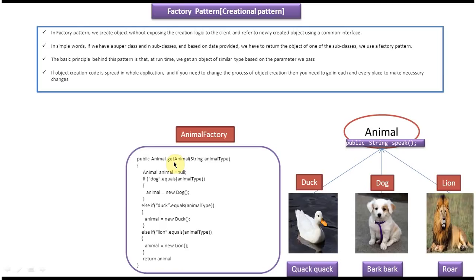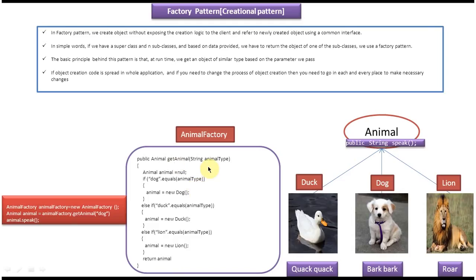So we will see how the client class looks. Suppose we want to get a Dog object from this AnimalFactory class. What we have to do is create an AnimalFactory object like this: AnimalFactory animalFactory equal to new AnimalFactory, and once you get the animal factory you have to call the getAnimal method by passing the animal type dog.